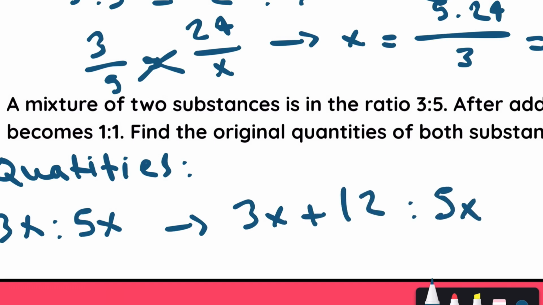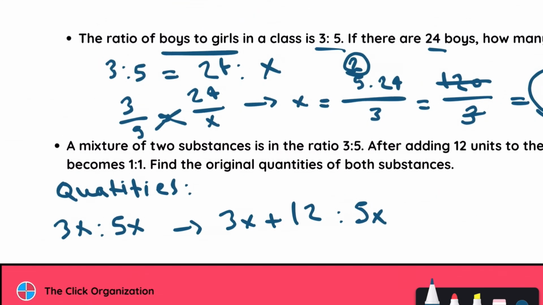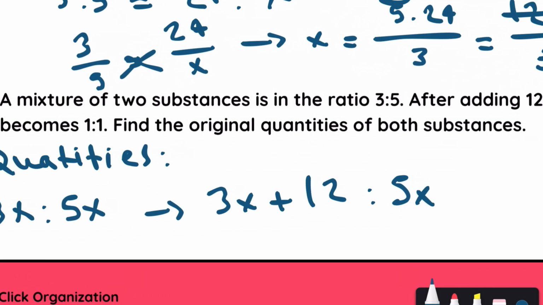If I add 12 units to my first substance, which is 3x, then the ratio of them will be 1 to 1, right? So that's why I say that 3x plus 12 is equal to 5x, because the ratio will be 1 to 1, and 1 to 1 means equality.